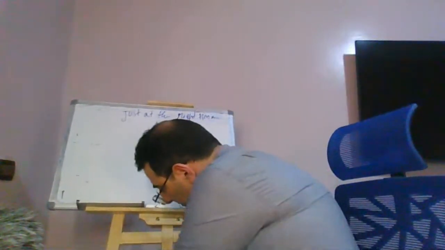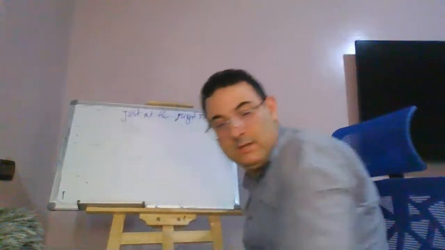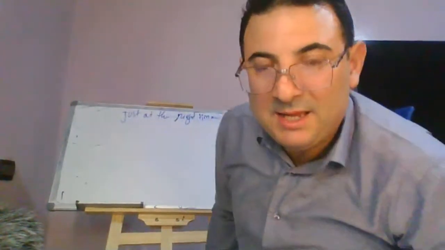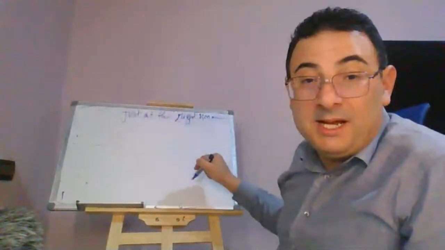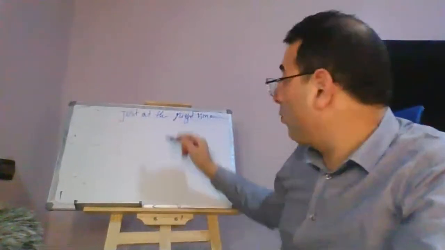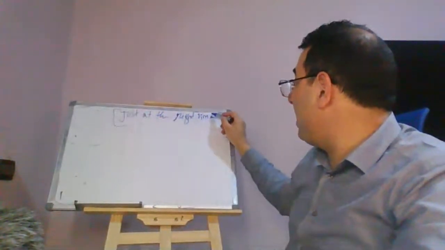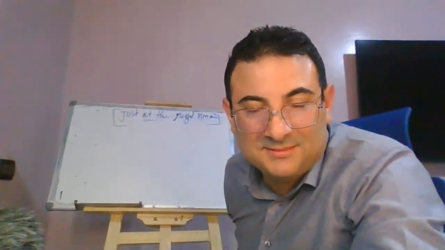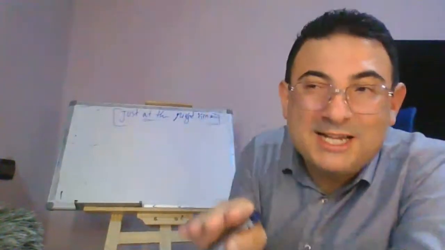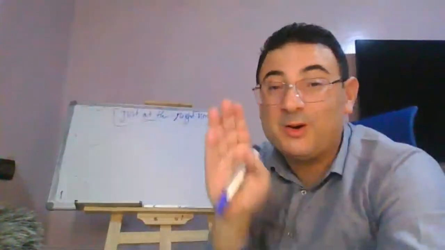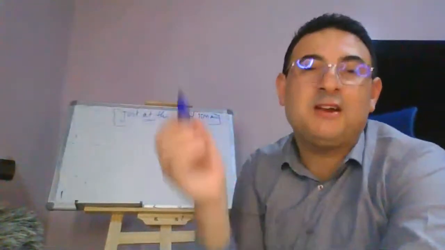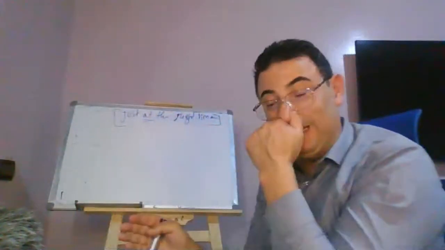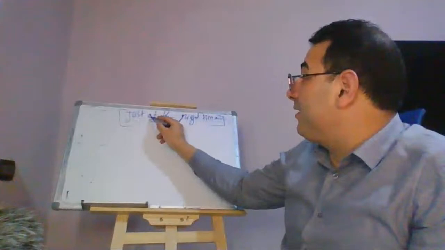Wait a minute. Just at the right time. Fine. Now, just at the right time, what is the most important element here? It's "at." It's like "right around the corner." Right here is a specifier of "around the corner." Just here is a specifier of this.